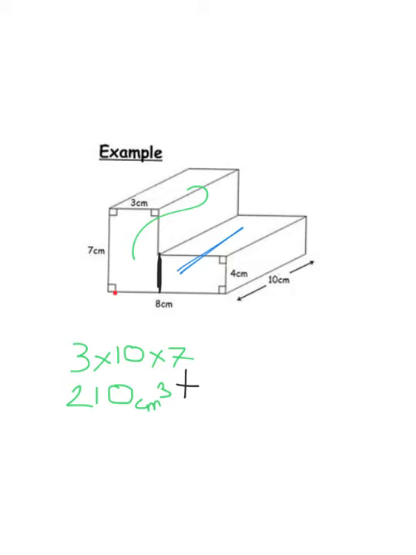We know that the total length of this compound prism is 8 centimeters. We've already ticked off 3 centimeters over here. So this here would be the number that we need to add on to 3 to get to 8. 3 plus this equals the full length. So 3 plus 5 equals 8 centimeters total. So 5 centimeters is your first little bit.